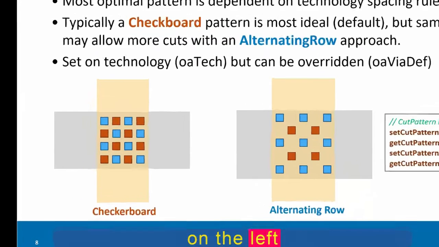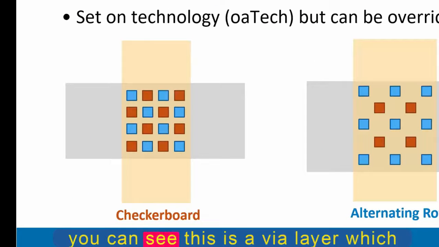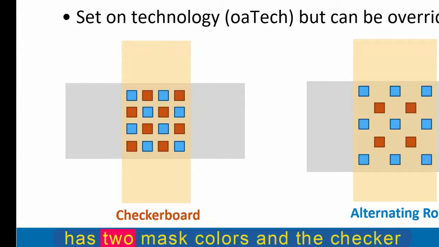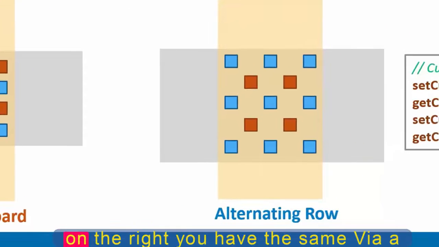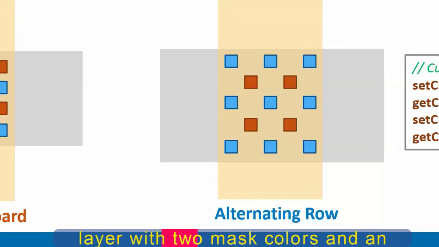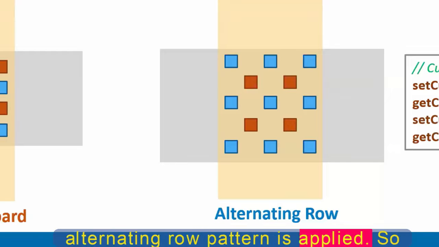On the left, you can see a VR layer which has two mask colors, and the checkerboard pattern is applied. On the right, you have the same VR layer with two mask colors, and an alternating row pattern is applied.